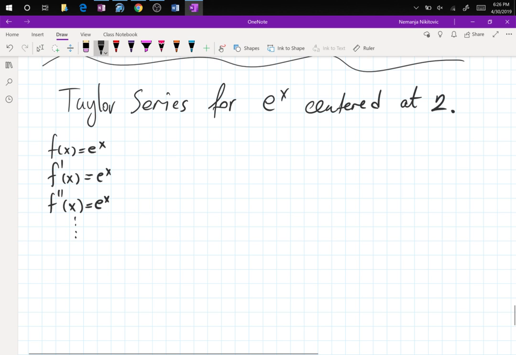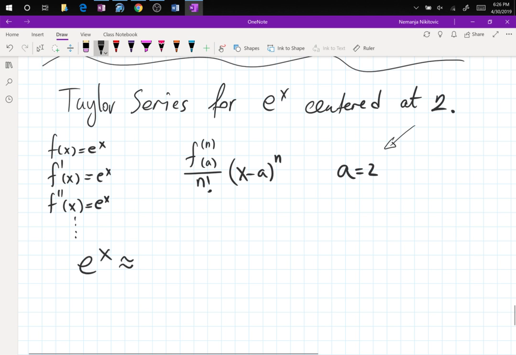Okay. So now, I know that it is the nth derivative calculated at a divided by n factorial, times x minus a to the n. My a is 2 because it's centered at 2. So now, what is e to the x approximately equal to?